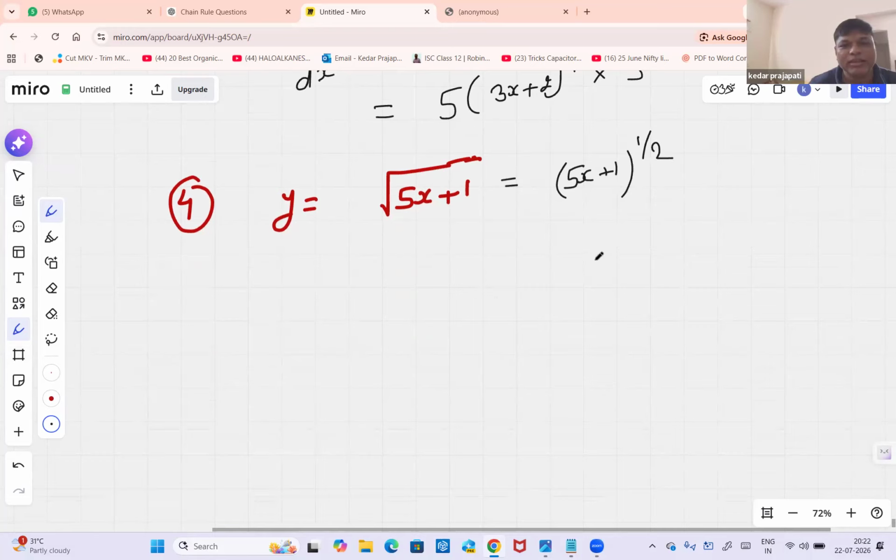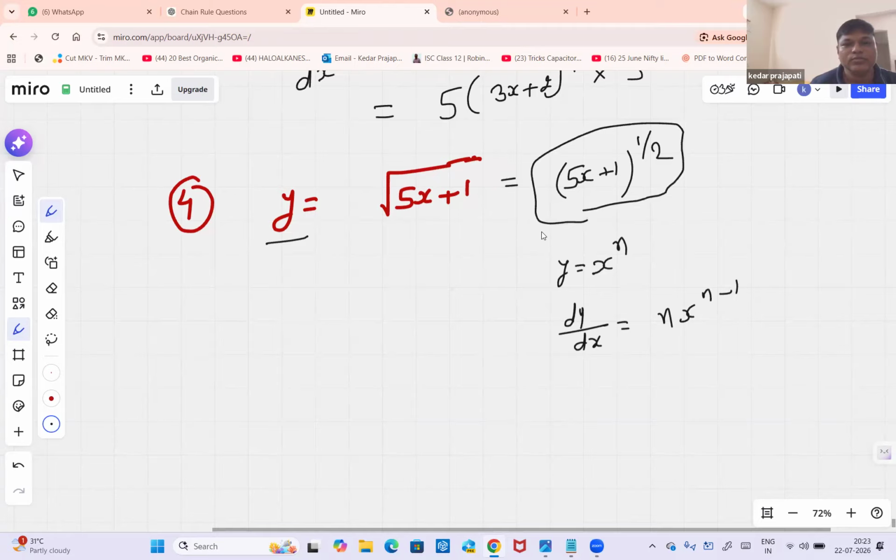Now we'll be applying this formula. If x to the power n is there, so dy by dx should be n x to the power n minus 1. So now I have to differentiate this whole quantity. So what am I going to write? So dy by dx is equal to, write all the steps in the exam.